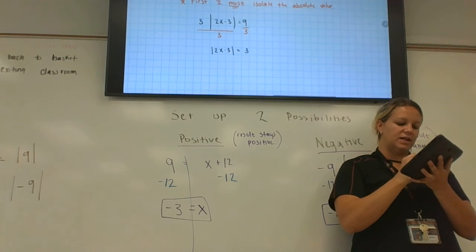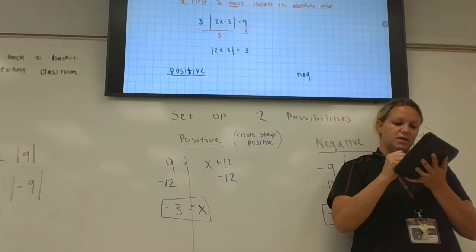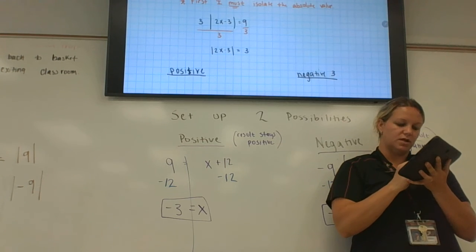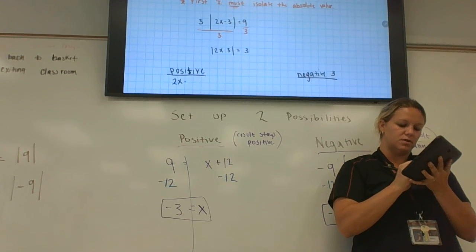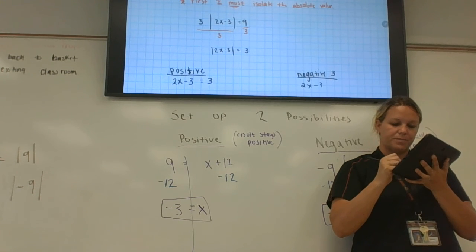Now that I've isolated, I have 2 possibilities. I have the positive 3 and I have the negative 3 scenario. I think that we spend more money on this, you guys. I spent 2 days on absolute value, just so you know. If you're feeling like, wait, I need more time.